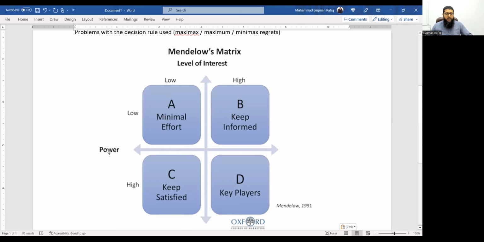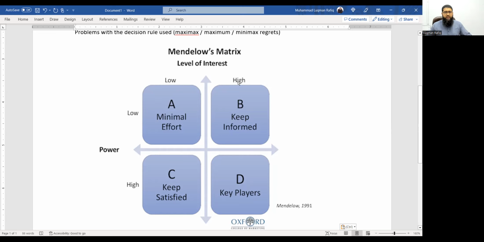So when I talk about the power, we talk about the interest. If the stakeholder has a low level of interest and a low level of power, then minimal effort is required for them. But if a stakeholder has a low level of interest but a high level of power, you need to keep them satisfied, because if you don't keep them satisfied, they may actually act.